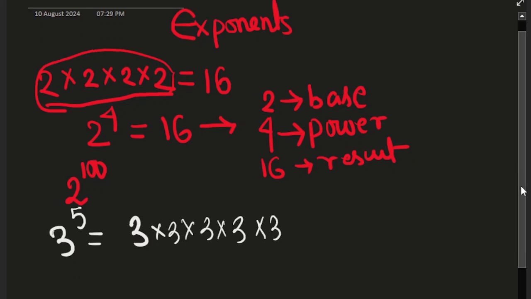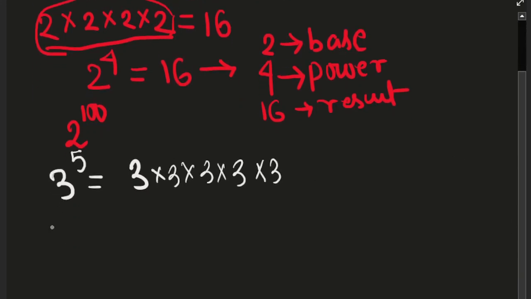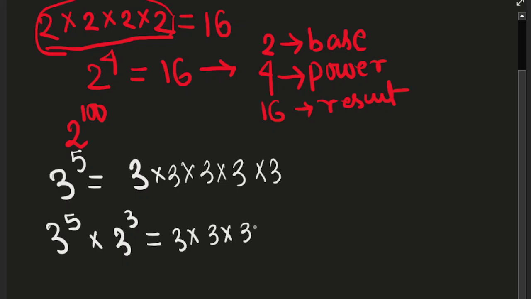Now, if I tell you to multiply this, what will you do? 3 to the power of 5 multiply by 3 to the power of 3. That means you will do here 3 into 3 into 3 into 3 into 3. This is the 3 to the power 5 value.